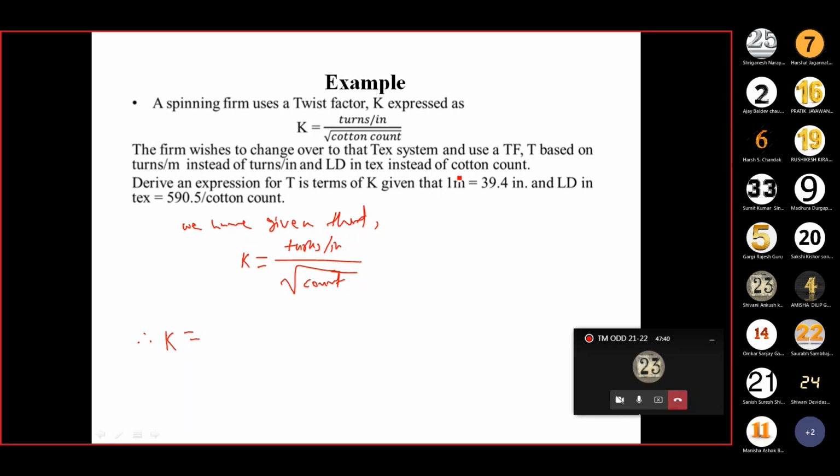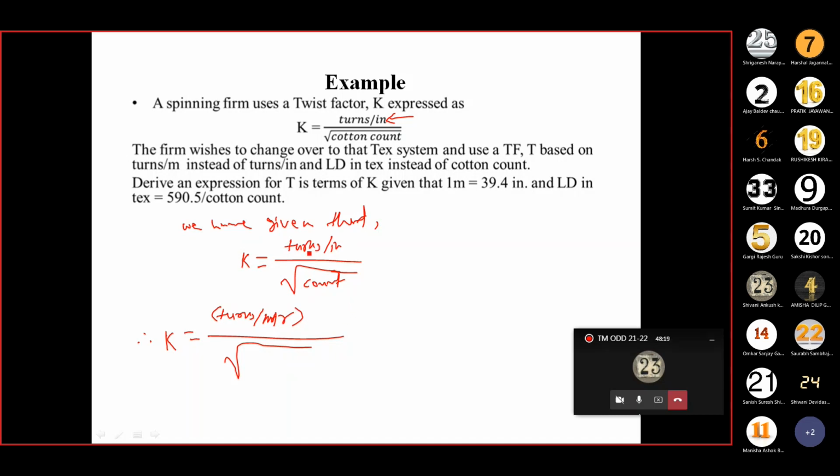Because we have to take turns per meter instead of turns per inch.